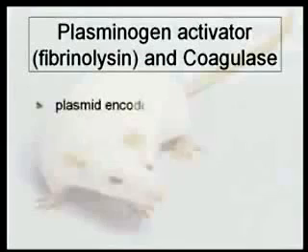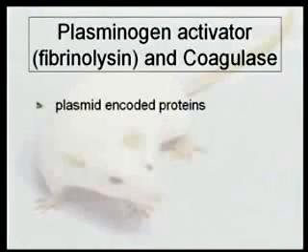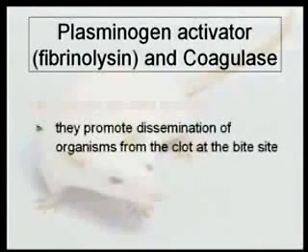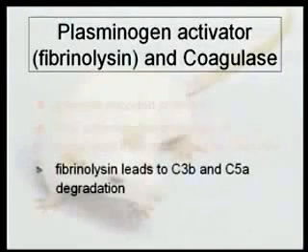Plasminogen activator, fibrinolysin, and coagulase are also plasmid coded, and they are involved in dissemination of the organism from the clots. Fibrinolysin leads to C3b and C5a degradation. C3b is an opsonin. Remember, it's an opsonin.